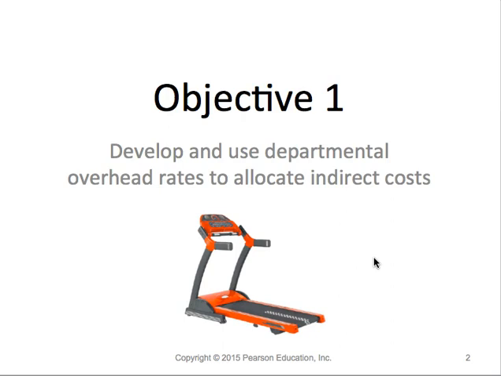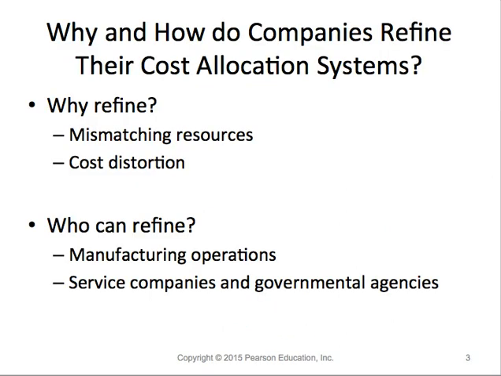Objective 1 is to develop and use departmental overhead rates to allocate indirect costs. So here are some reasons why and how companies refine their cost allocation systems. One, as it says here, is mismatching resources.